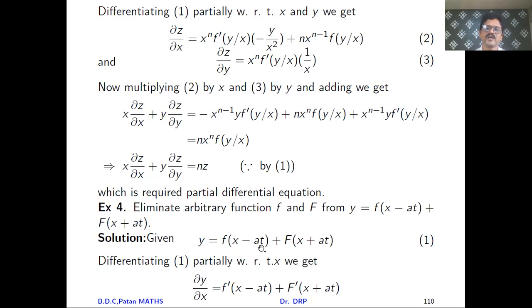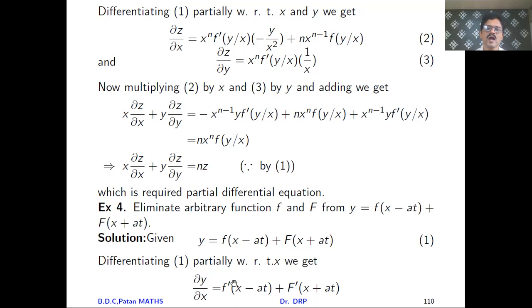There you will get f dash of x minus at into derivative of this bracket with respect to x, keeping t as constant, you will get it to be 1, and that is not written here, plus derivative of this second term, you will get capital F dash of x plus at into derivative of this bracketed function with respect to x, keeping t as constant, you will get it to be 1. So ∂y/∂x, you will get it to be f dash of x minus at plus capital F dash of x plus at.